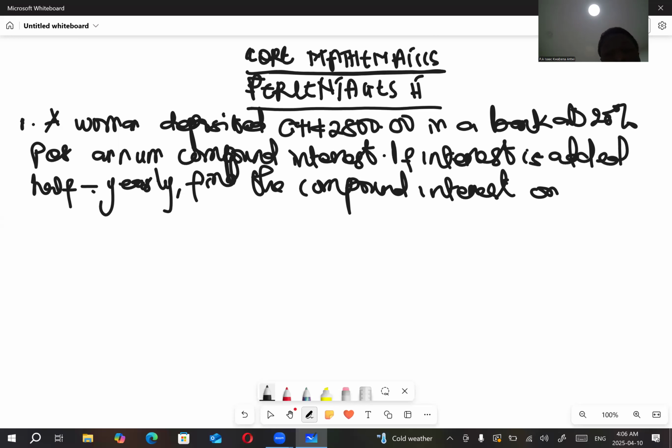Okay. Find the interest. Find the compound interest on her deposit for 2 years.